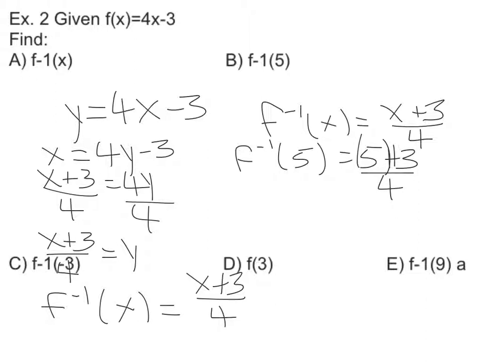Make sure you put brackets around the substituted number. And then you just do simple arithmetic and you find the answer. So 5 + 3 equals 8 over 4. And then you reduce it, and that equals 2. So the inverse when x is equal to 5 is 2.